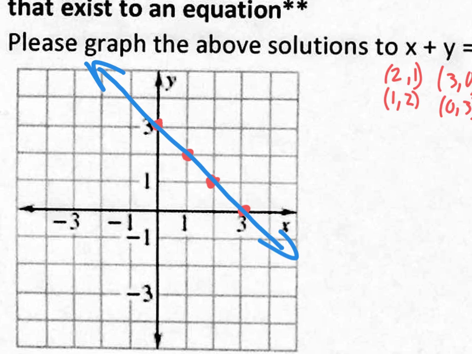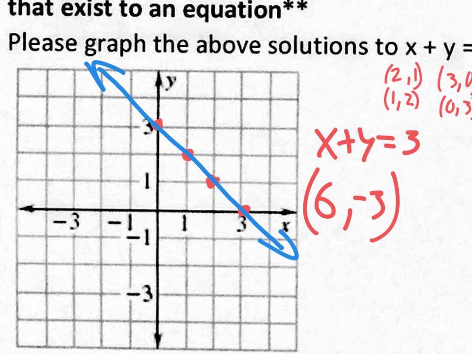But like we said, an answer to x plus y equals 3 could also be 6 and negative 3. That could be an answer because 6 plus negative 3 is 3. Now, where would that be on the graph? It would be 6, off the graph, and negative 3, off the graph.